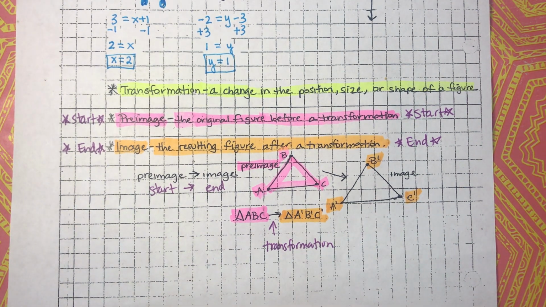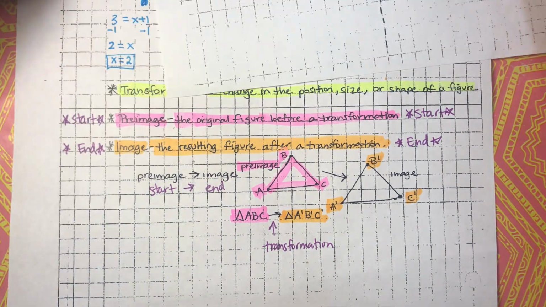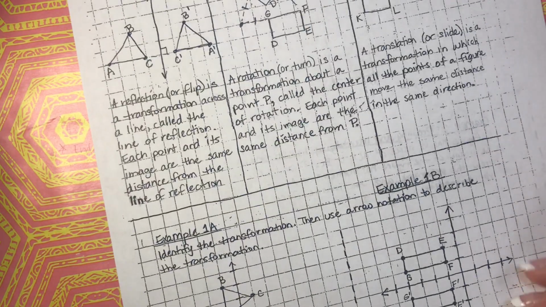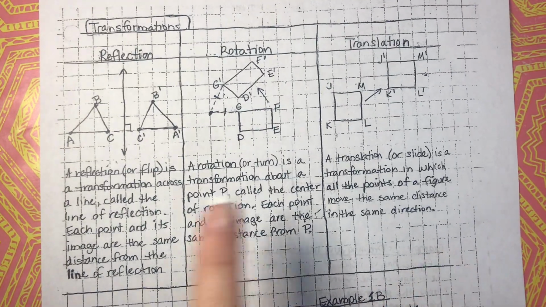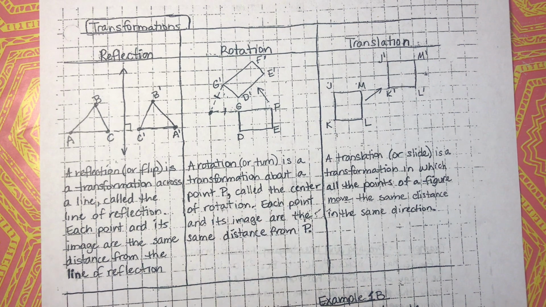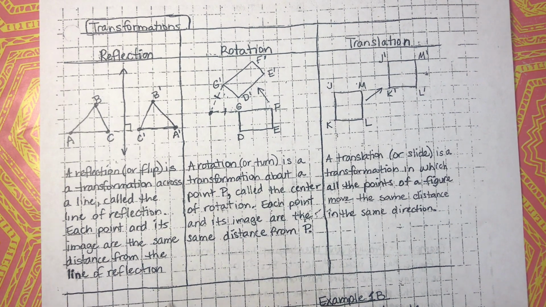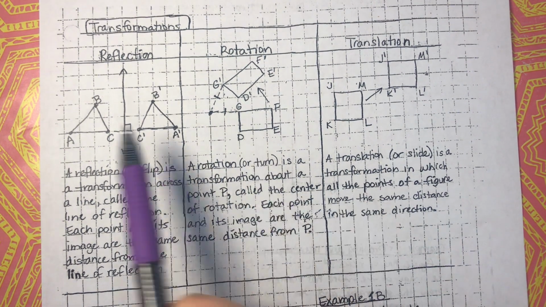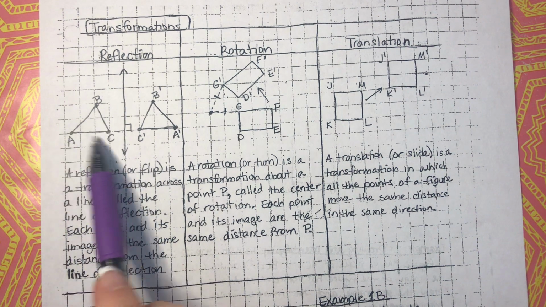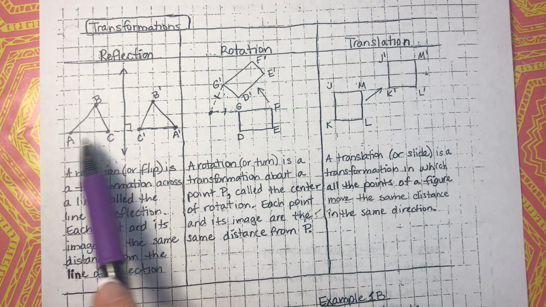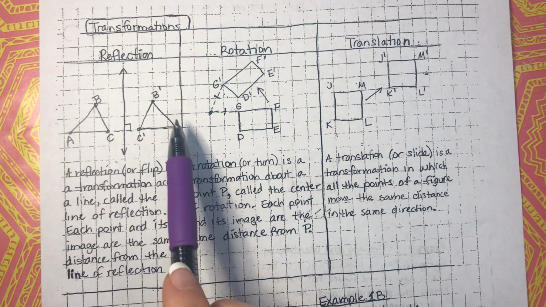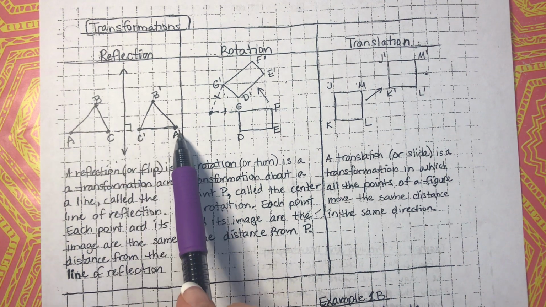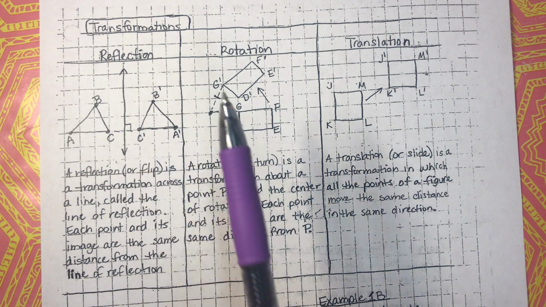Okay, let's go ahead and talk about some actual transformations. So the first transformation is a reflection. We start here, ABC. That's the pre-image, and then it gets reflected across this y-axis, and then it becomes A prime, B prime, C prime.